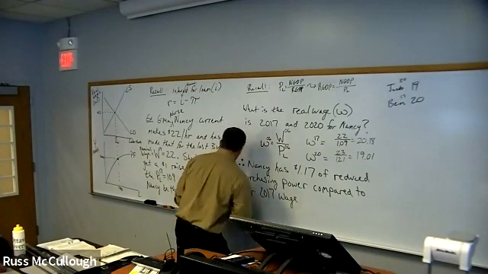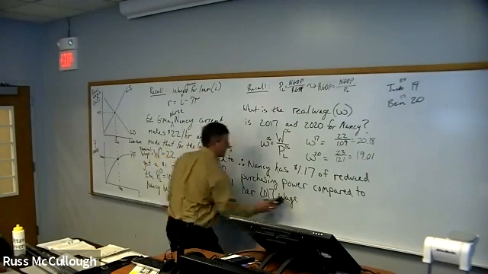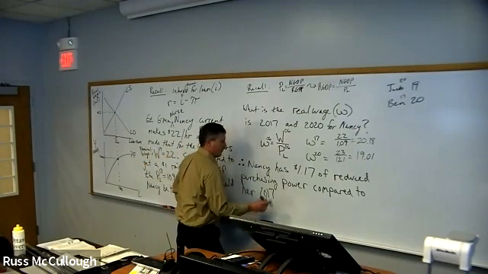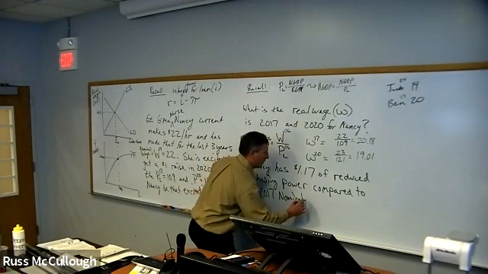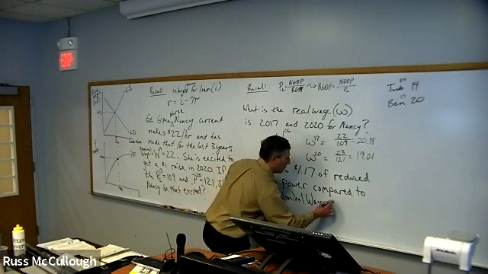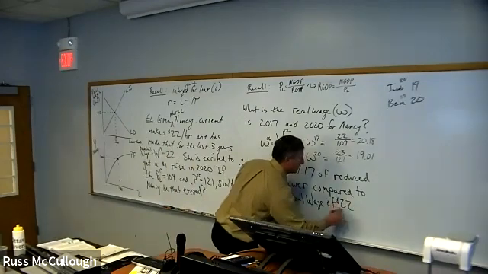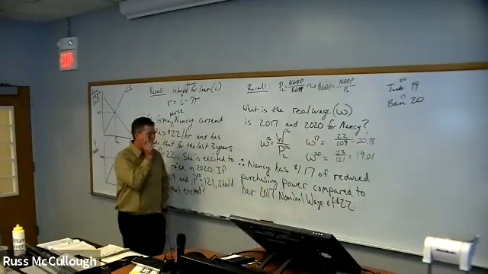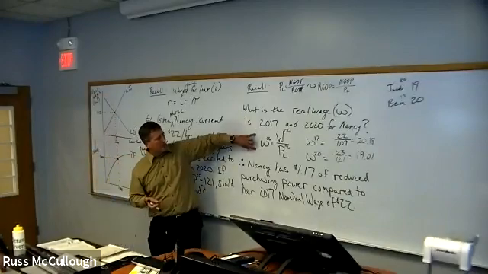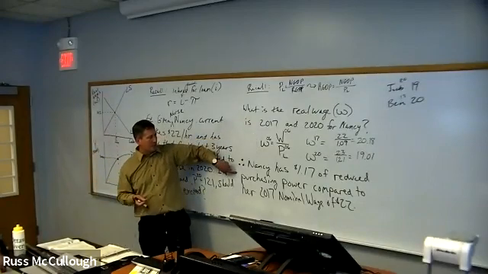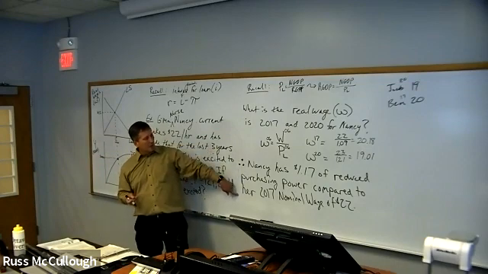And let me put the nominal wage here, so nominal wage of $22. So Nancy has $1.17 of reduced purchasing power compared to her 2017 nominal wage of 22.